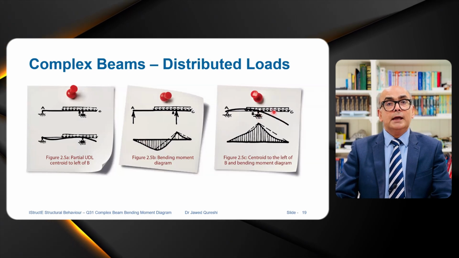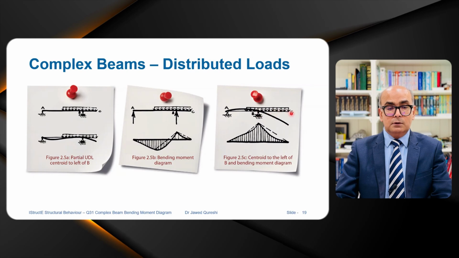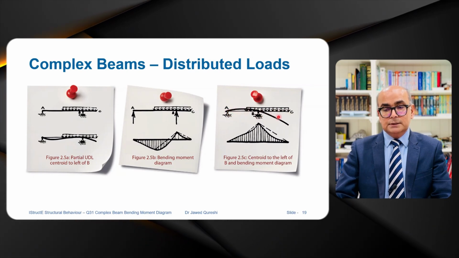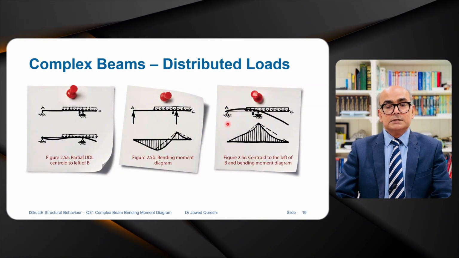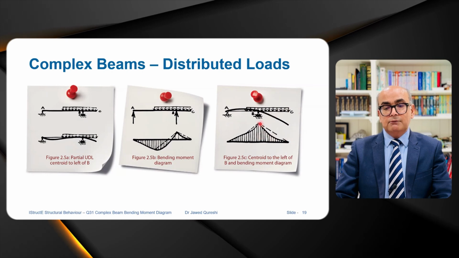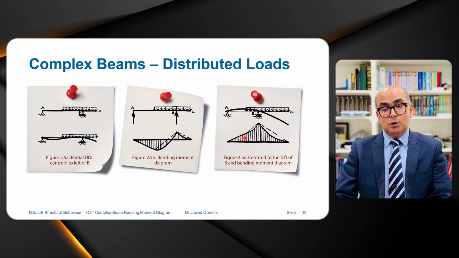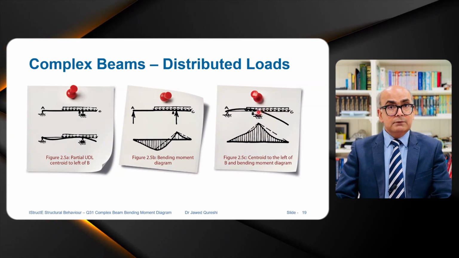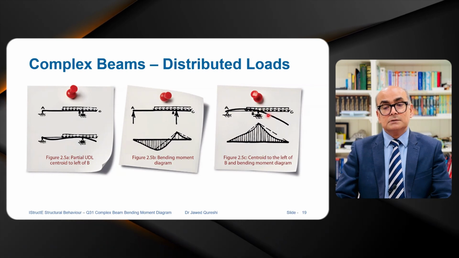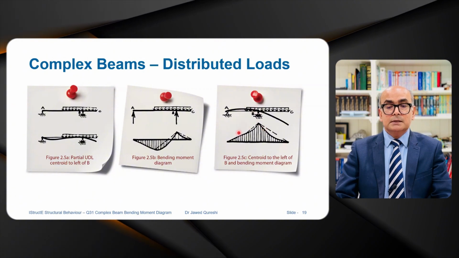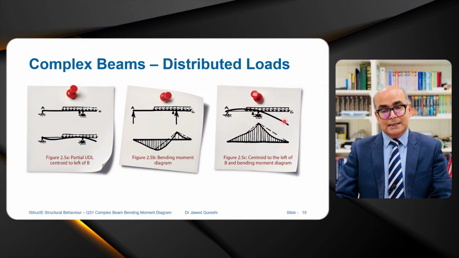But if the overhang portion is quite a lot, then the deflected shape will look like this, and here at A the reaction will be downwards. In this case you will have negative bending moment, or hogging bending moment, for the entire structure. If the loading is really very heavy, or if the overhang span is quite a lot as compared to the span inside the beam, then the entire moment is going to be negative.